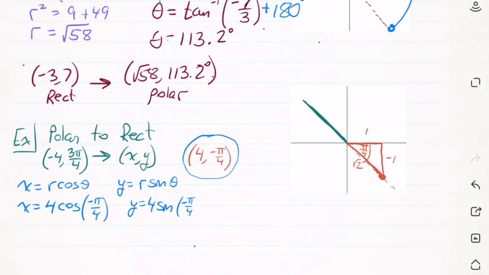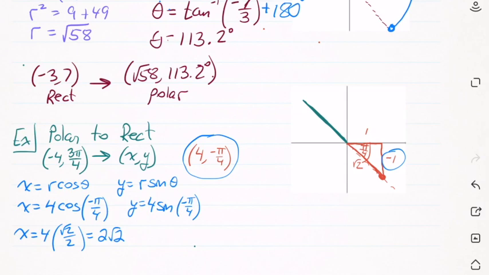Now, putting the negatives in allows me to put that negative in my answer. So if it was just pi over 4, it would be in the first quadrant. The answers would both be positive. And I don't want that. So this is going to be x is equal to 4 times cosine of the picture over here, which is adjacent over hypotenuse, which is square root of 2 over 2. And this reduces to 2 square roots of 2.